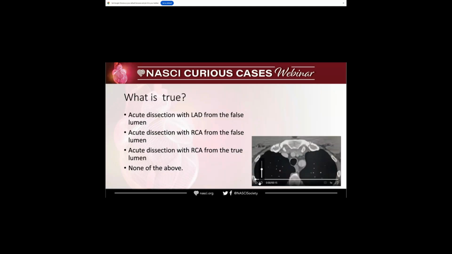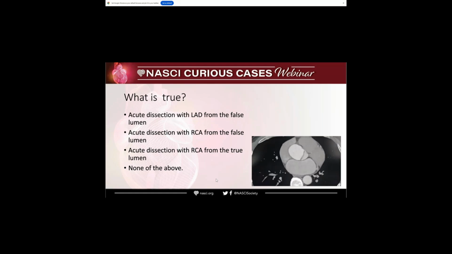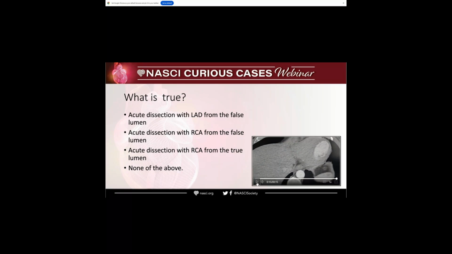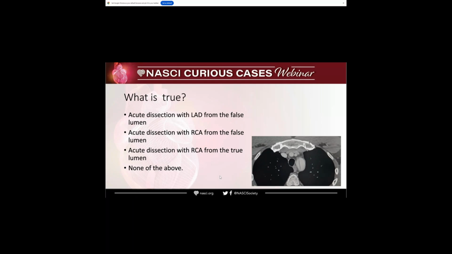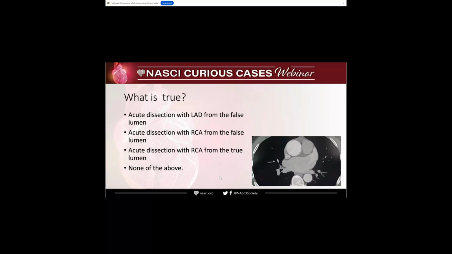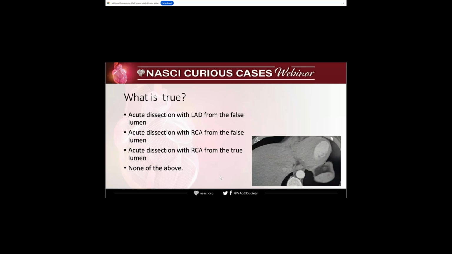So, if you have to decide which vessels come from where, what would you decide? Acute dissection with RCA from false lumen.